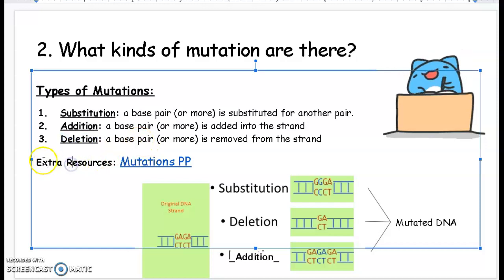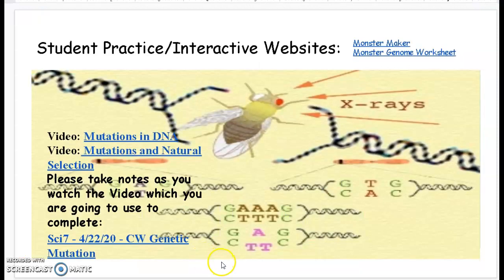And now Ms. Butler has included extra resources for you. If you click on the link, it will show you another PowerPoint slide that will talk about mutations. And so for today's assignment, Ms. Butler has 2 videos for you on mutations in DNA and how mutations, that's the second video, play a part in natural selection.